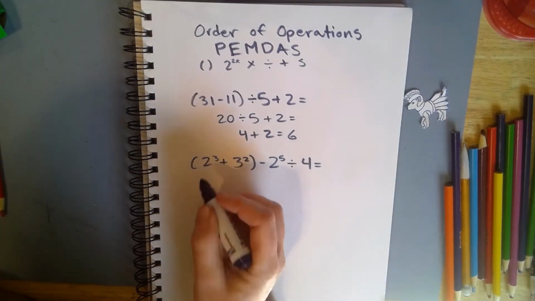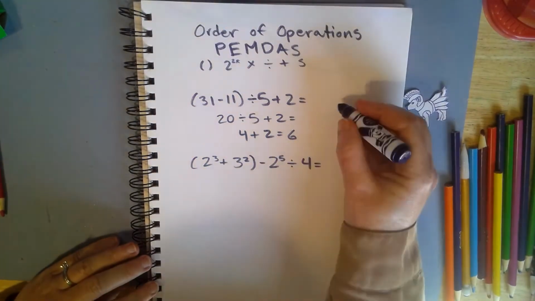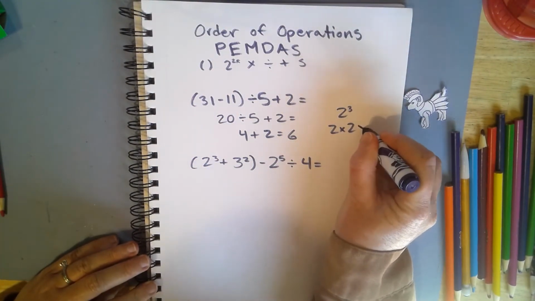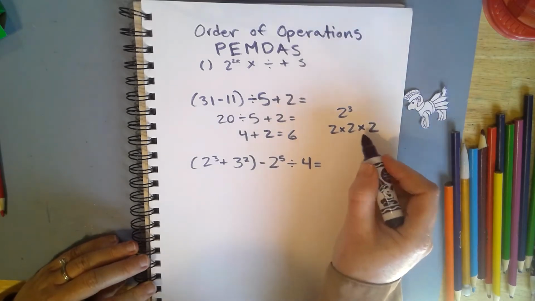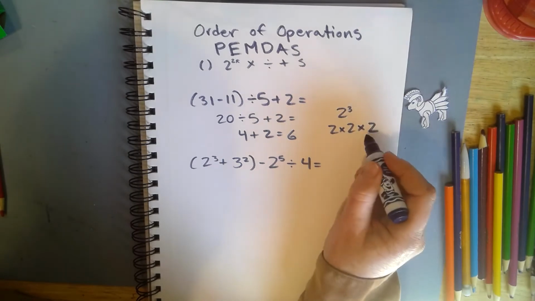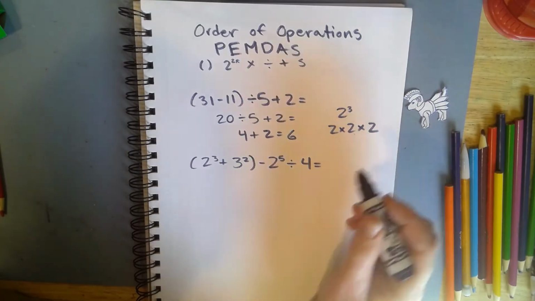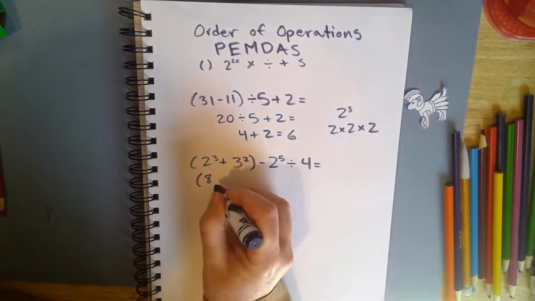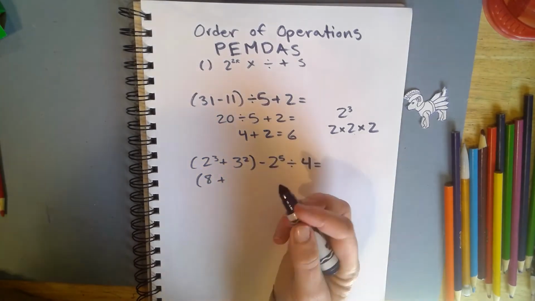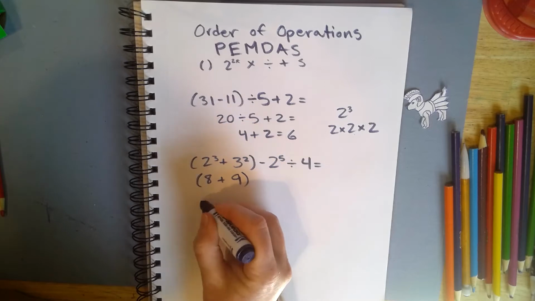So pretty much, if you break down what is 2 with an exponent of 3, it's literally 2 times 2 times 2. So 3 2's all multiplied by each other. That's 4 times 2, so it's 8. Plus, there's only 2, so it's 3 times 3, 9.